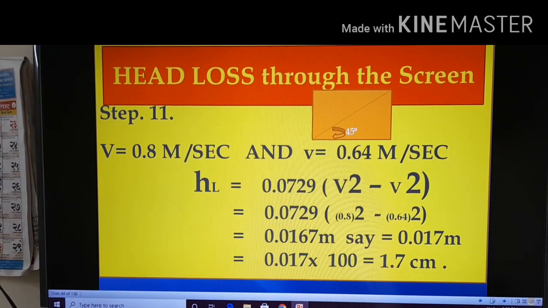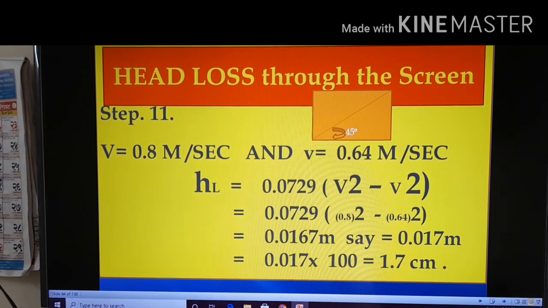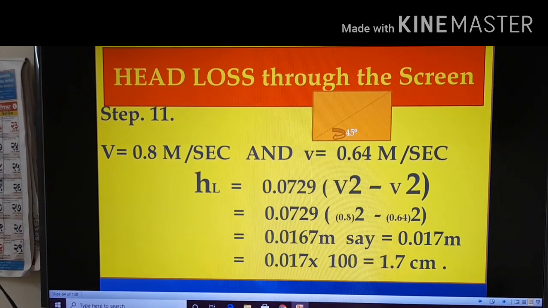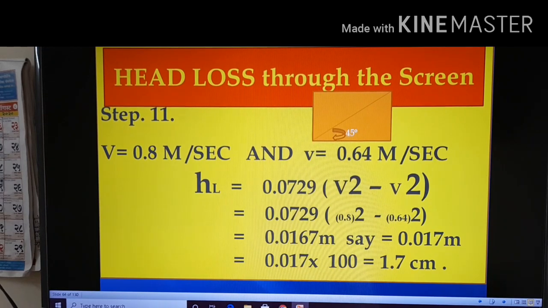Step 11, that is head loss through the screen. Now you have the two values of velocities. Capital V is equal to 0.8 meter per second and small v is equal to 0.64 meter per second. Therefore, we have the formula HL, that is head loss, is equal to 0.0729 multiplied by (V² − v²), that is capital V square minus small v square in bracket.